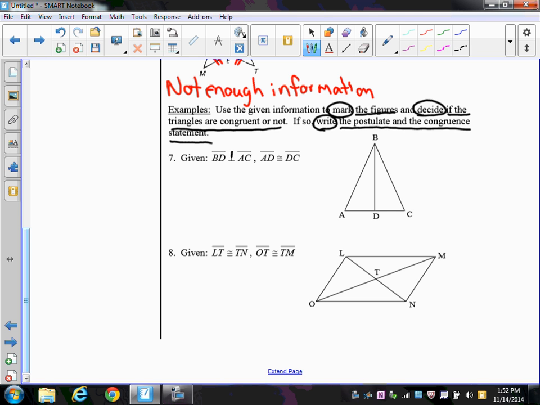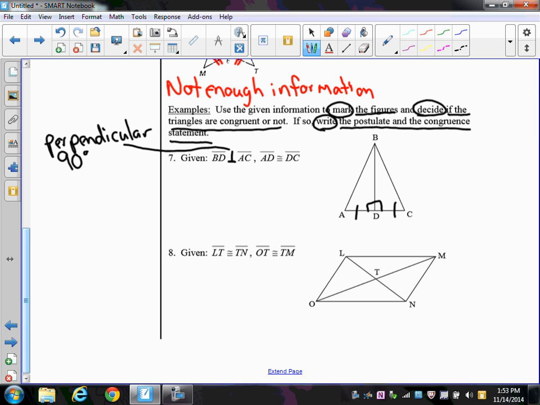Remember, this upside down T means perpendicular. Perpendicular meant 90 degrees. So we're told that BD is perpendicular to AC, so that means I have 2 90-degree angles. And I'm also given that segment AD is congruent to segment DC.